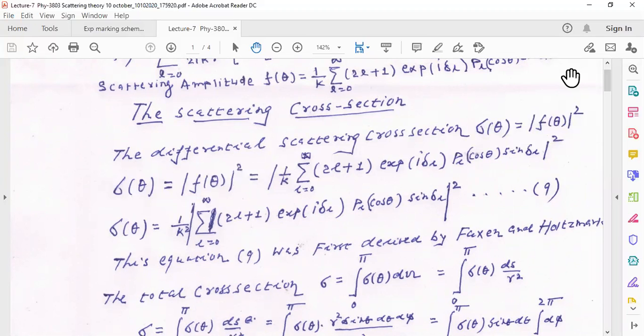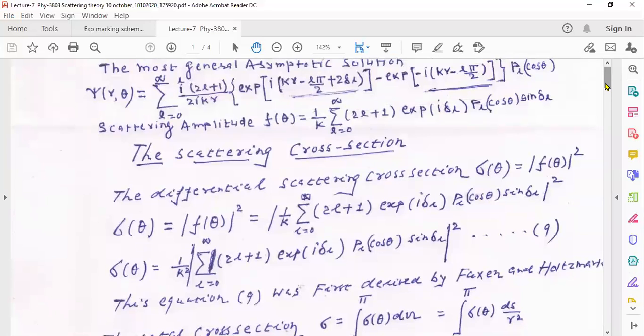You see, this is the value of f of theta which we have derived previously. Inside the modulus I put f of theta. So f of theta is 1 upon k, sum over L equal to 0 to infinity, 2L plus 1, exponential of i delta L, P L cos theta, sin delta L, and you have the square.